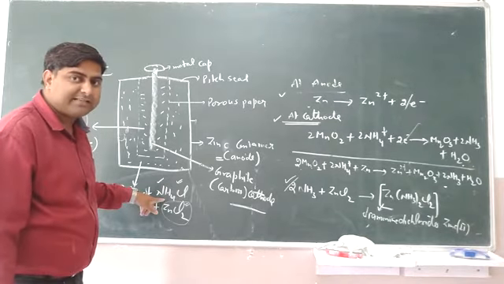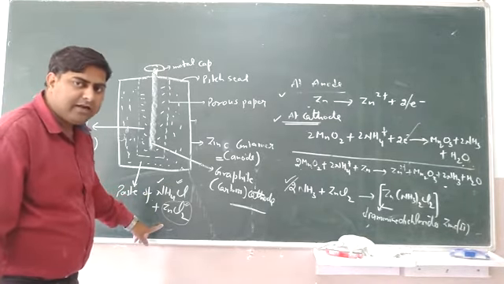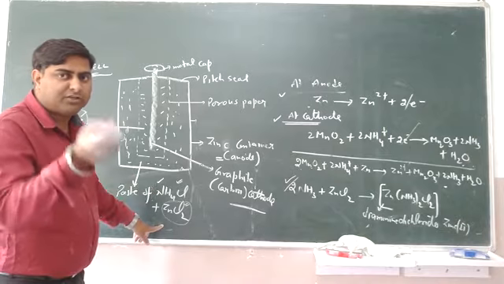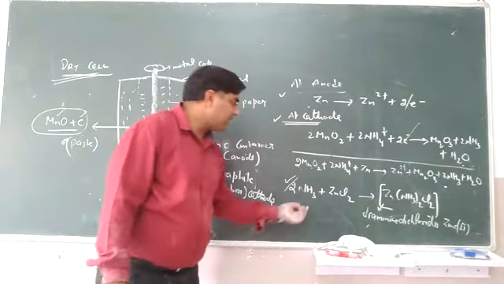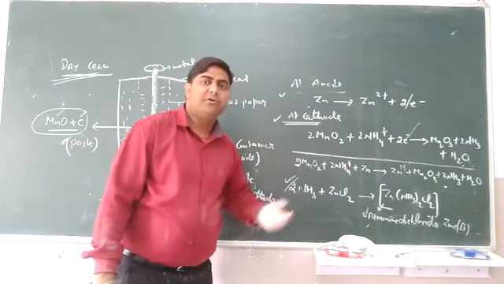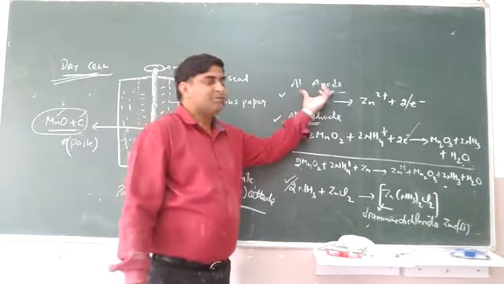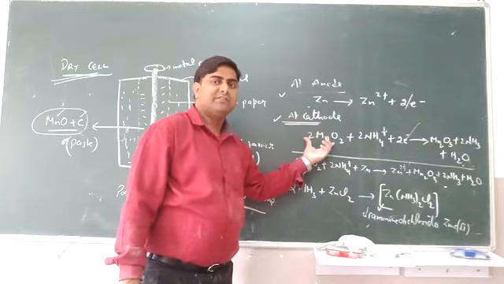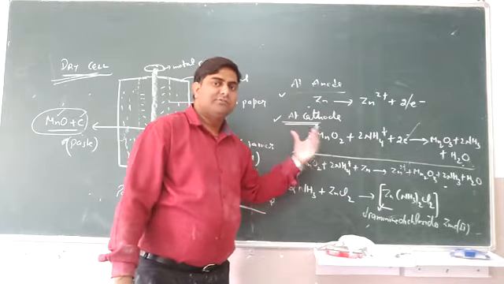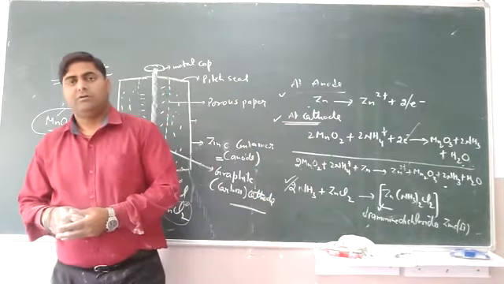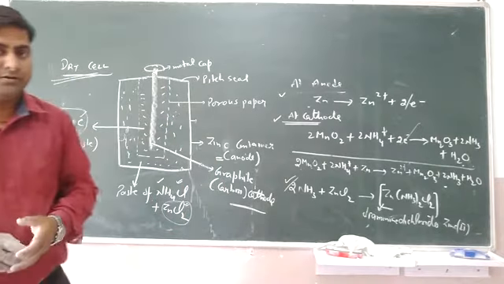Ammonium chloride acts as electrolyte, whereas anhydrous zinc chloride absorbs the moisture as well as the ammonia gas produced during the working of dry cell. These are the reactions which occur at anode, and this is the reaction which occurs at cathode. So this is how a dry cell works.